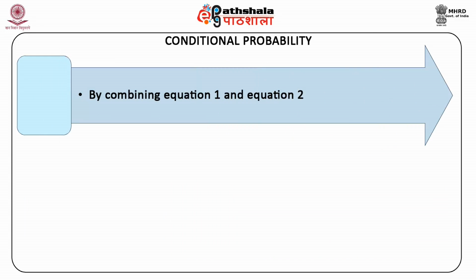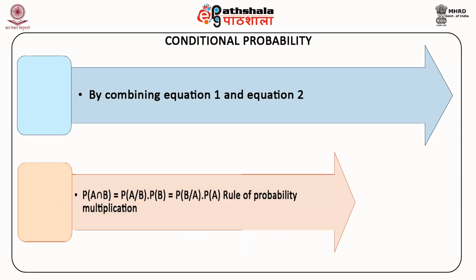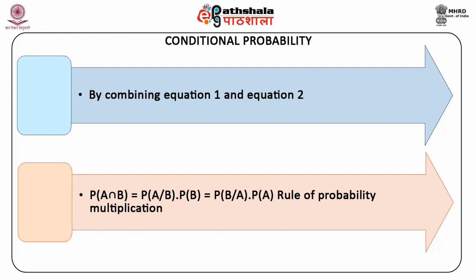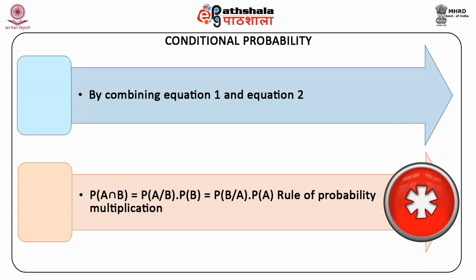From the above equations 3 and 4, it follows directly that probability of A intersection B is equal to probability of A given that B has occurred into probability of B, which is equal to probability of B given A has occurred into probability of A. This equation states the basic rule of probability multiplication.